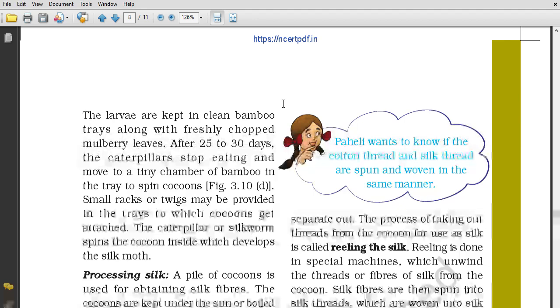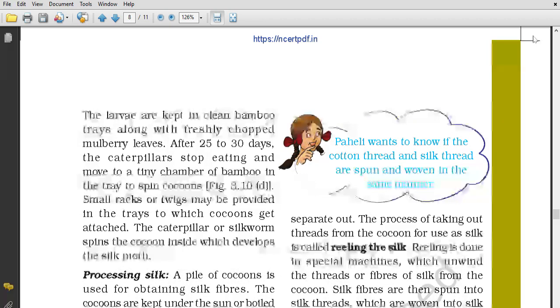The larvae are kept in clean bamboo trays along with freshly chopped mulberry leaves. After 25 to 30 days, the caterpillars stop eating and move to a tiny chamber of bamboo in the tray to spin cocoons.